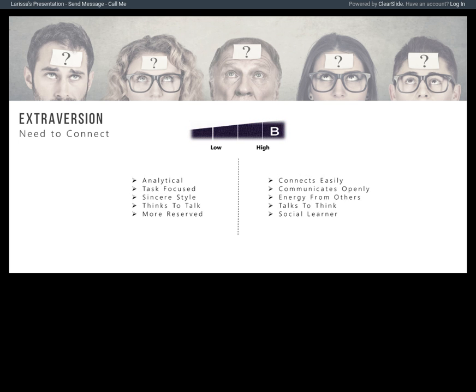Extroversion is the driver of the need to connect to others. So naturally, on the high side, we've got connects easily. They're open communicators, and not only are they open, but they're relational communicators. So just remember that they really look at things through the lens of relationship. They sometimes can get energy from others, but here's the tricky thing: I wish I had changed that.